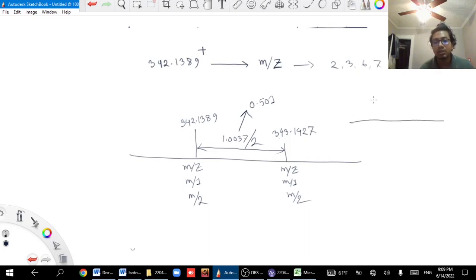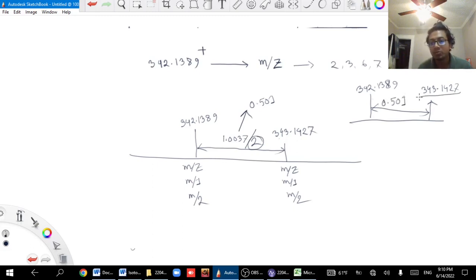So you will find that peak, right, that you got now, this peak here, 342.1389, and this difference is 1.0037 between these two peaks, 343.1427, right? The difference from this one is 1.0037, but the charge is 2. If we apply that the charge is 2, the difference should be 0.501.